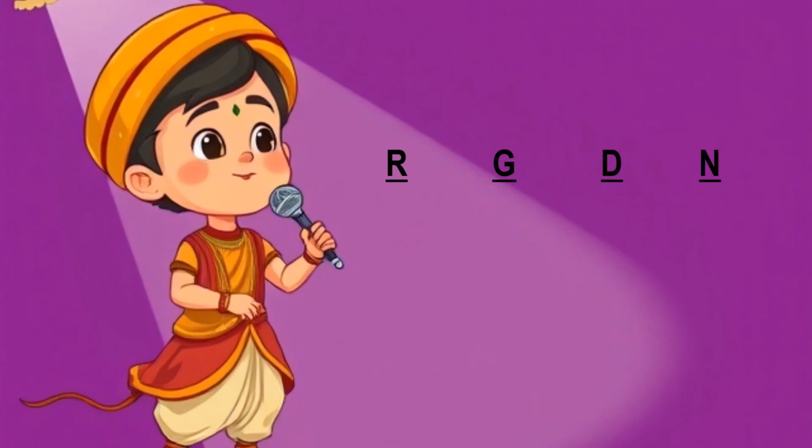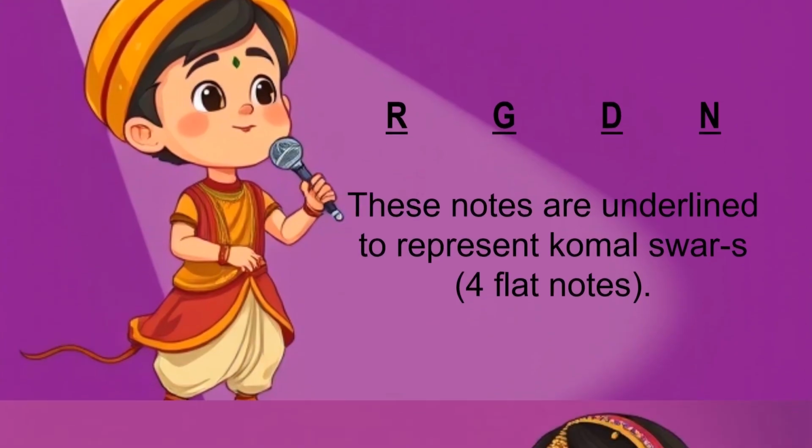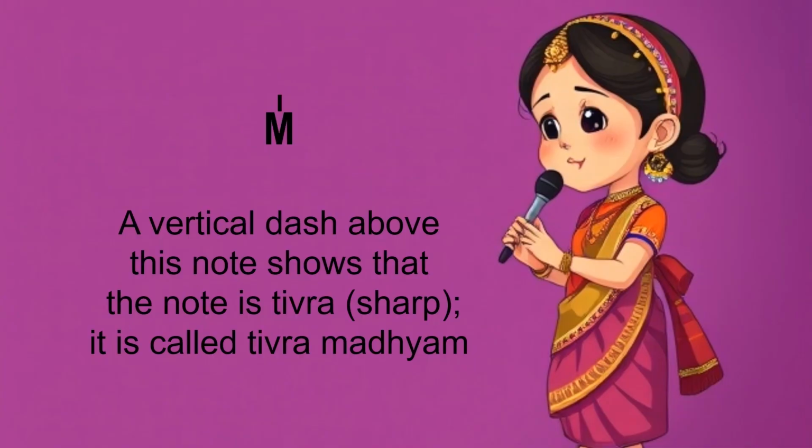These notes are underlined to represent Komal Swaras or flat notes. A vertical dash above this note shows that the note is Tivra or sharp. It is called Tivra Madhyam.